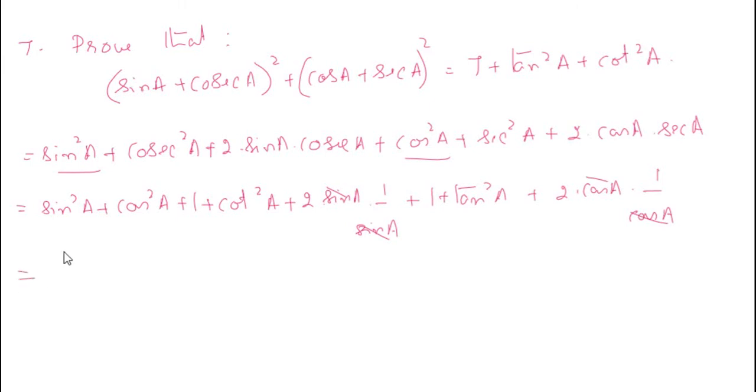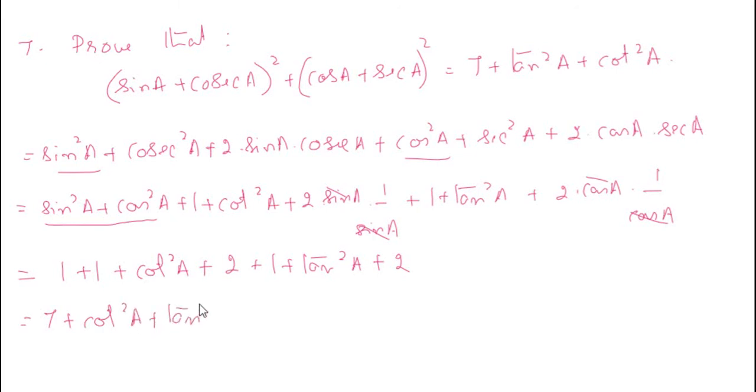So now sin square A plus cos square A is 1. Now plus 1 plus we have cot square A plus 2, then plus 1 plus we have tan square A plus 2. So we have 1 plus 1 is 2, 2 plus 2 is 4, 5, 5 plus 2 equals 7. So this is 7 plus cot square A plus tan square A.